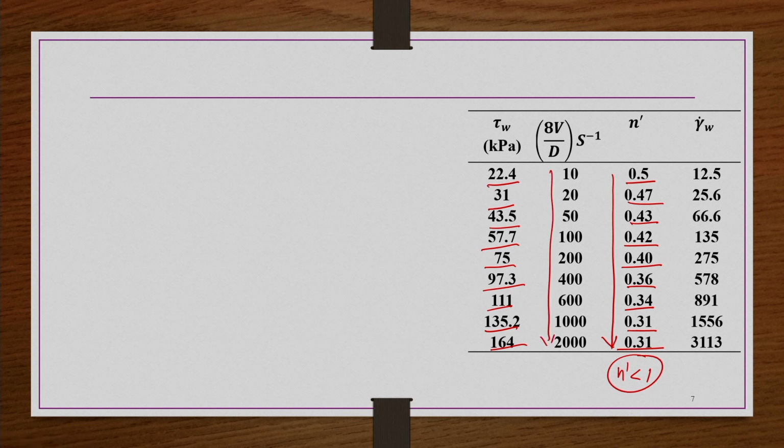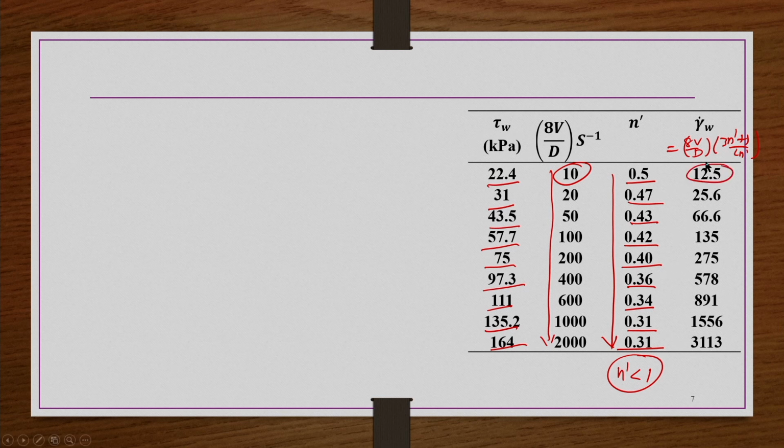Further you can see the correction. So, this gamma dot w is nothing but 8V by D multiplied by the correction factor (3n prime plus 1) by 4n prime. So, without taking this correction into account, the shear rate is 10, but now after incorporating this correction, it is 12.5.